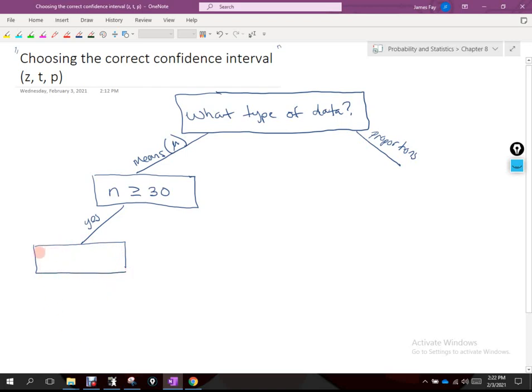The next question is, do you know the population standard deviation? Okay. Is the population standard deviation known? And that's sigma, right? A lot of the problems that we do, it won't use the symbol sigma.